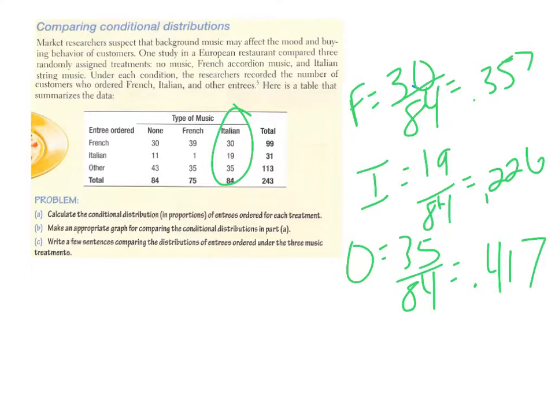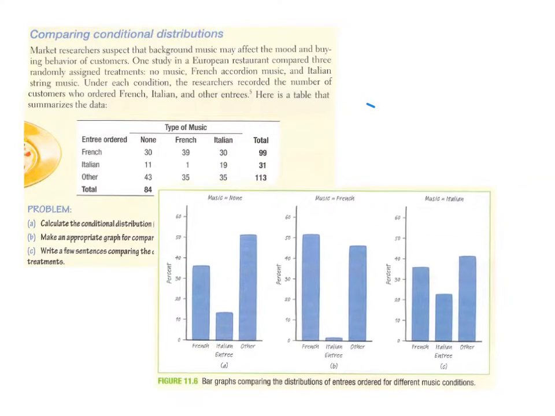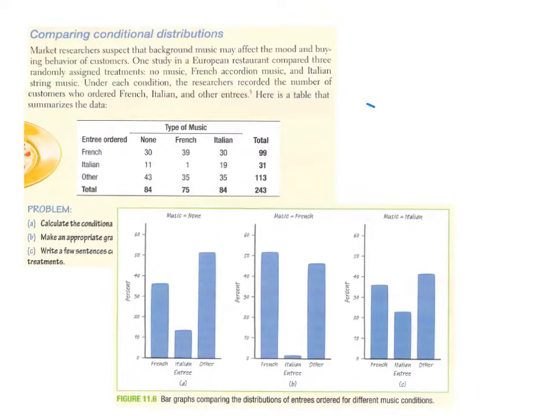So then for part B, it has us making an appropriate graph for comparing the conditional distributions in part A. So an appropriate graph for this would be a bar graph. Okay, and so you can see we have 3 different bar graphs here, one for each explanatory variable, which was our type of music.